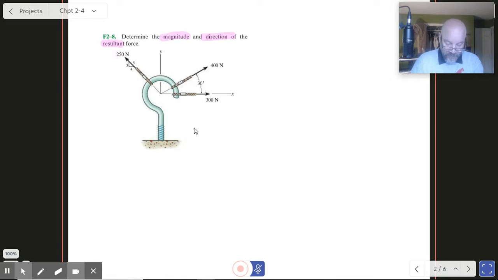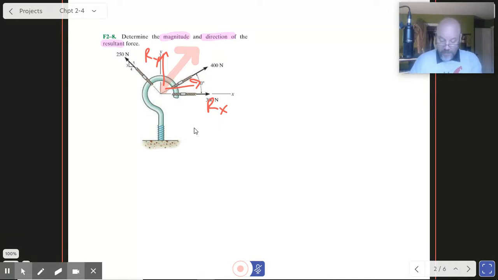So let's pretend for just a second that maybe my resultant, if I add all these things up, is pointing off in this direction right here. Well, that means for that particular vector, I'm going to have an X component, and I'm going to have a Y component, like that.